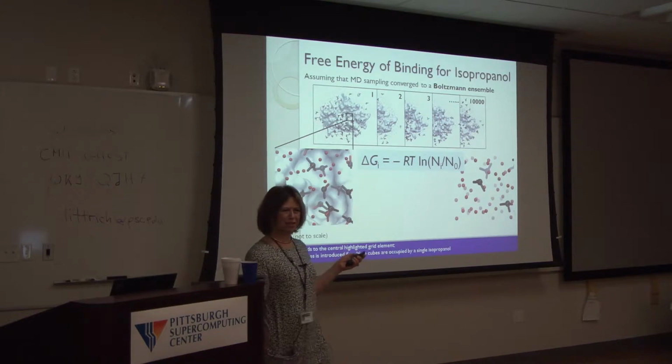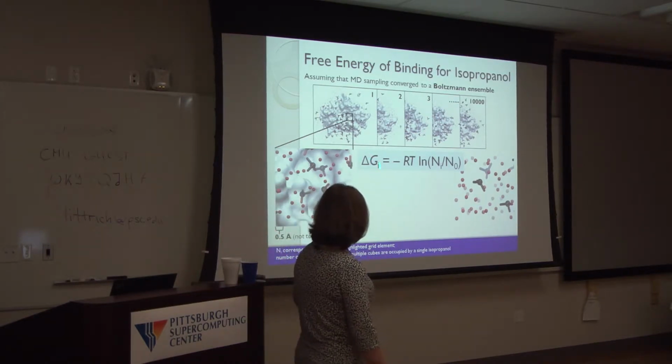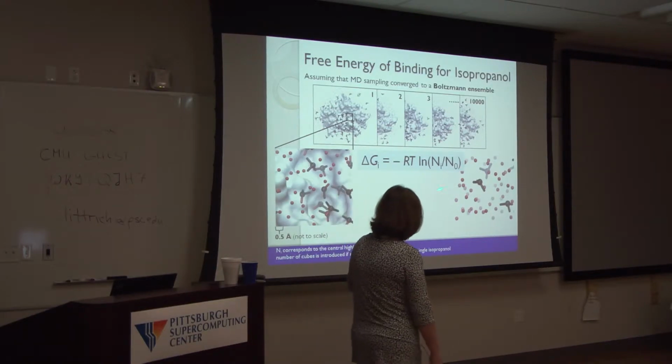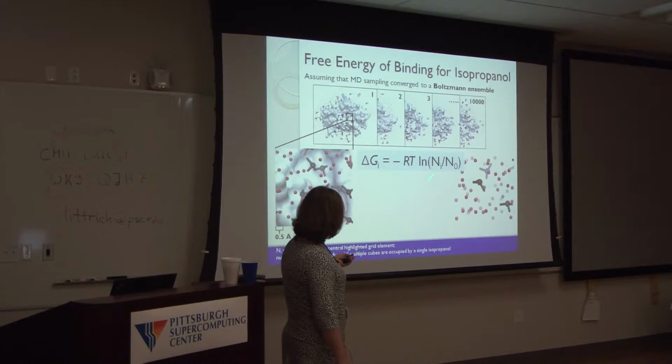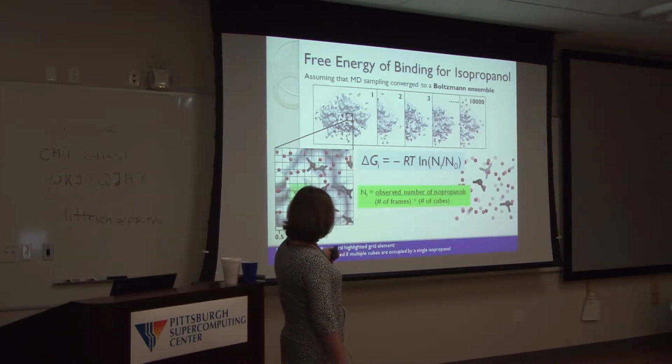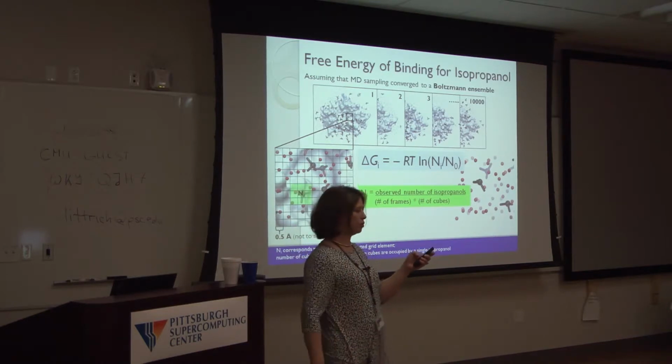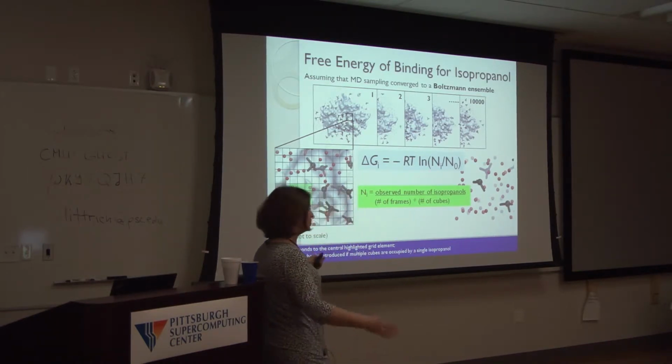We want to understand this, a very, very simple equation. The free energy of binding will be simply proportional to the enrichment. And here, let's suppose we are talking about isopropanols only to simplify. This is the number of isopropanols observed at a given location on the surface, for example.